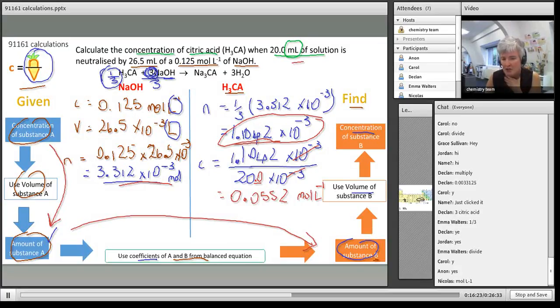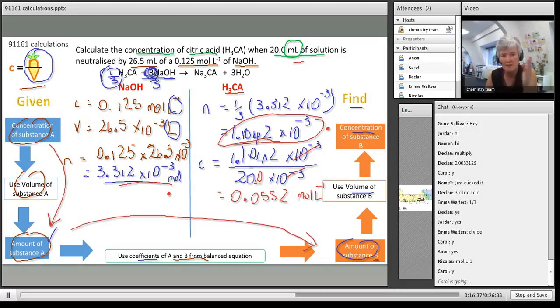You're going to need less citric acid, okay, than the amount of sodium hydroxide. So will that help you decide whether to multiply or divide? So just think of, I always need more sodium hydroxide, so this number must be bigger than the other one. And if it's not, you've done the wrong thing.